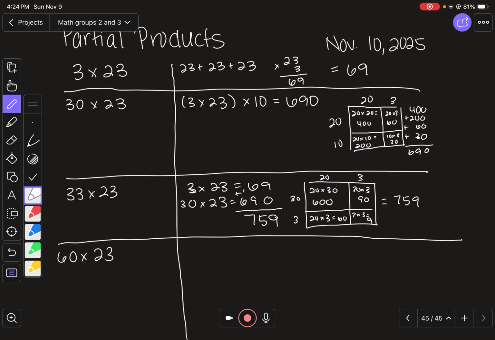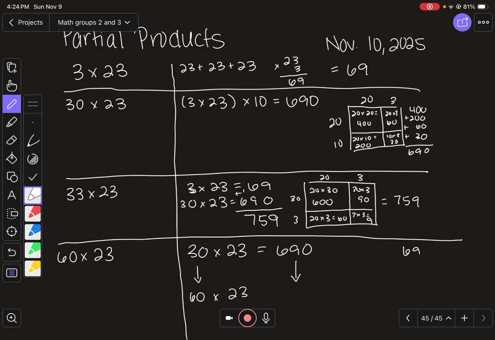Some of you might have thought to yourself, well, I already know 30 times 23. So if you know that 30 times 23 equals 690, if you double 30, what do you get? You get 60. So 60 times 23, this number, this 690 then, must also double.